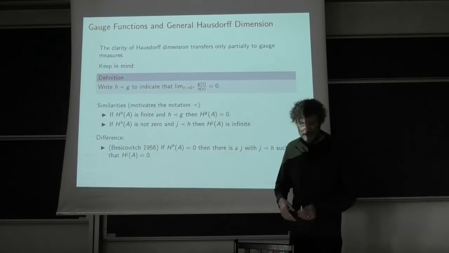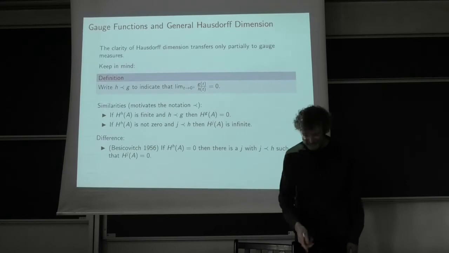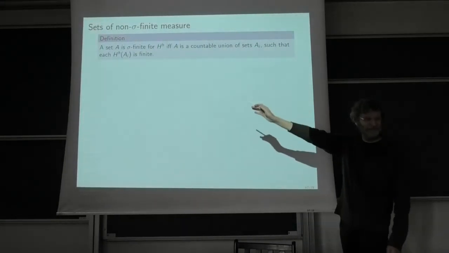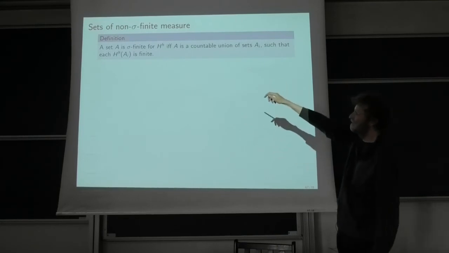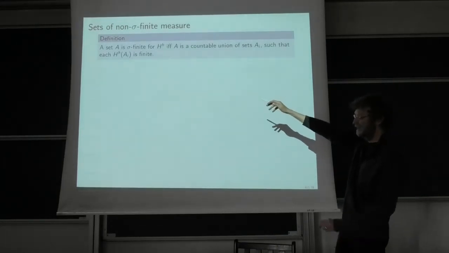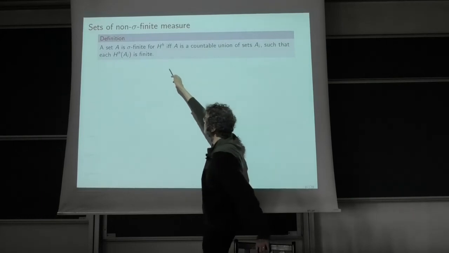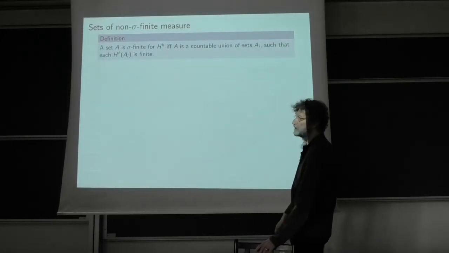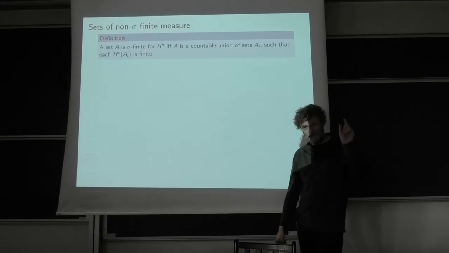But in fact, it has really, really large measure. So this is a definition. What does really, really large mean? Okay, so a definition. A set A is sigma finite for that measure if and only if it's a union of sets such that each set has finite size for that measure.